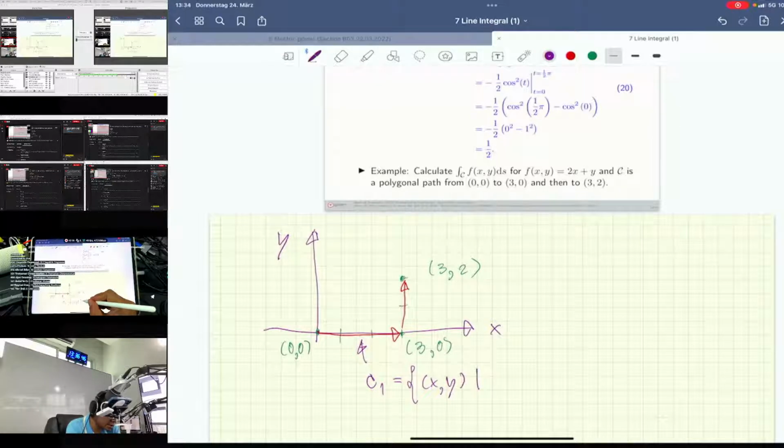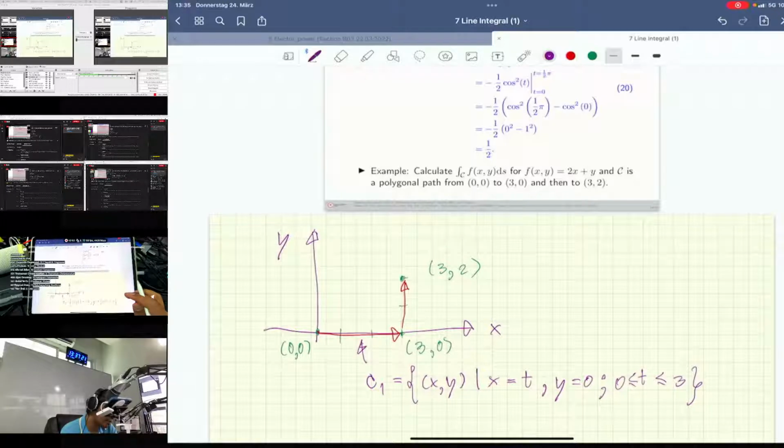Once x is equal to t and y is equal to 0, because once you go along this curve, y is always 0. And t is the parameter that changes the value of x from 0 to 3. So it's going to be between 0 and 3.